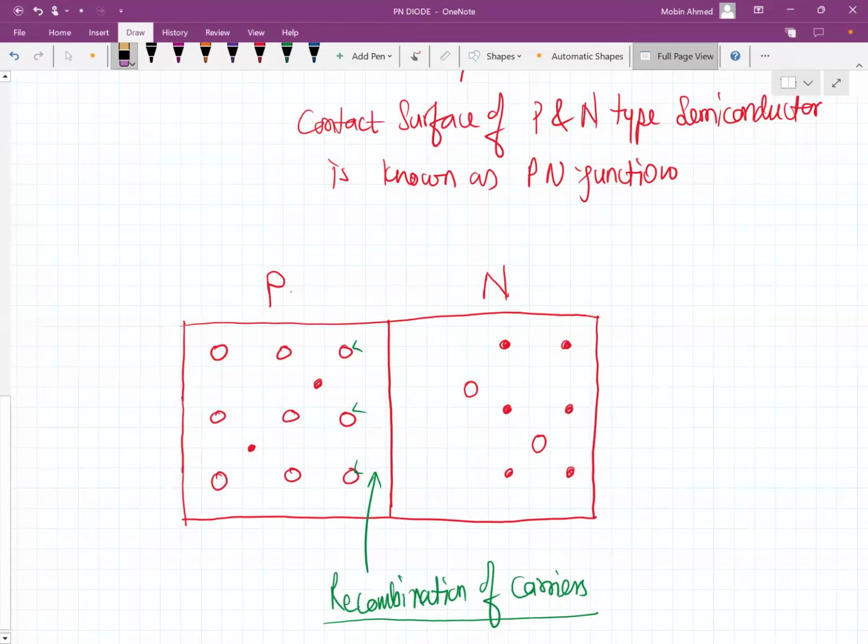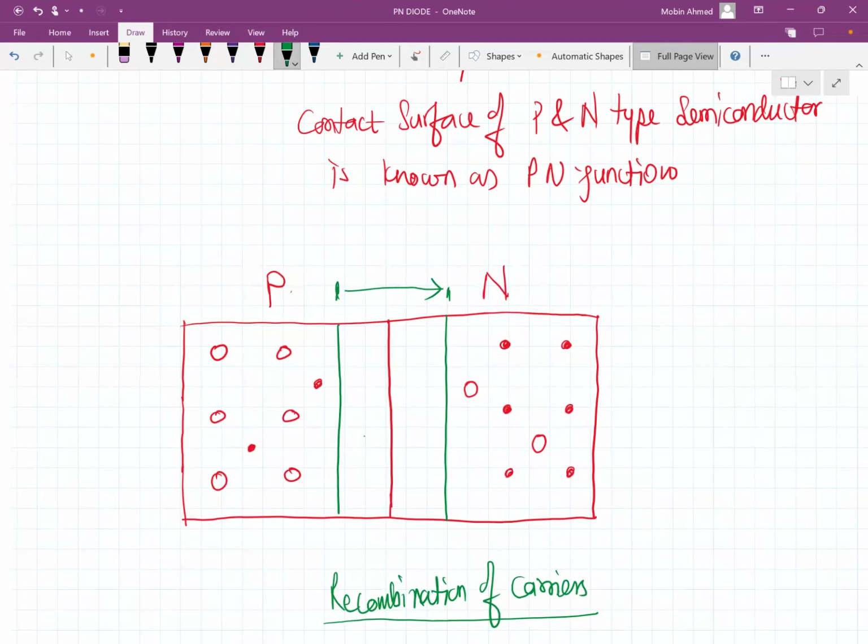So this area is going to be depleted due to the recombination of the carriers, and there is going to be no hole and no free electrons. So this area is known as a depleted area or depletion region. Then what is going to remain?